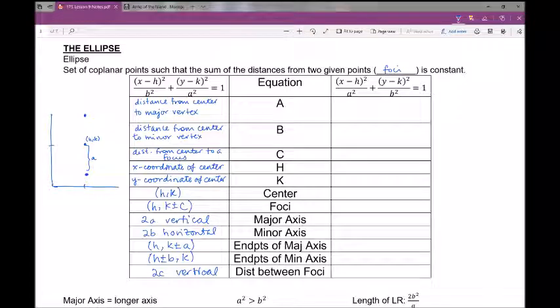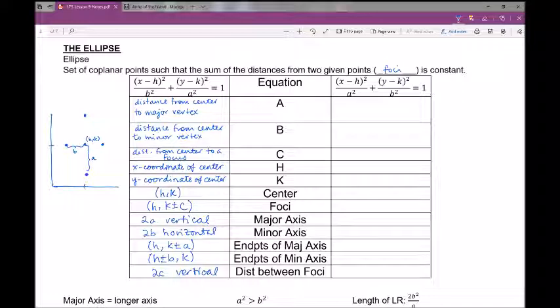Now the minor axis vertices will be a little bit closer to the center than the major axis vertices. If they were the same distance away, then we would have a circle. A circle is a special case of an ellipse. The distance from the center to one of those minor axis vertices will be b.